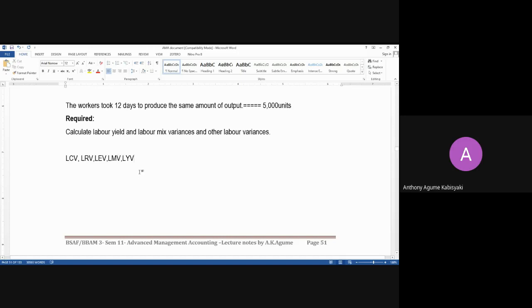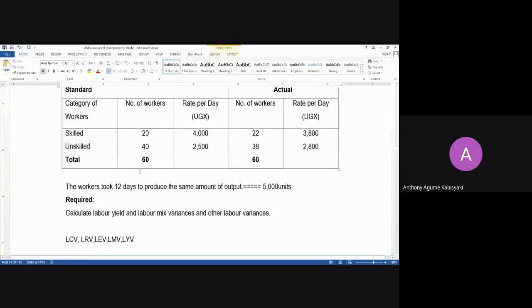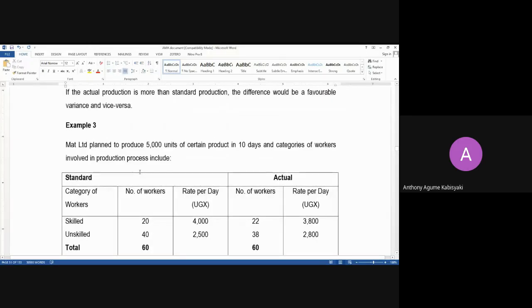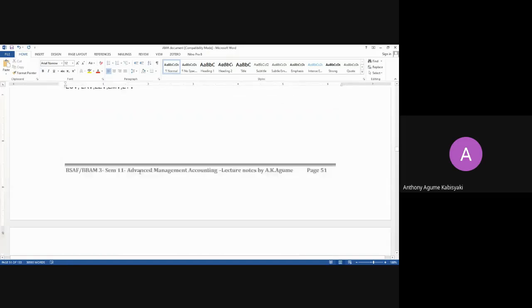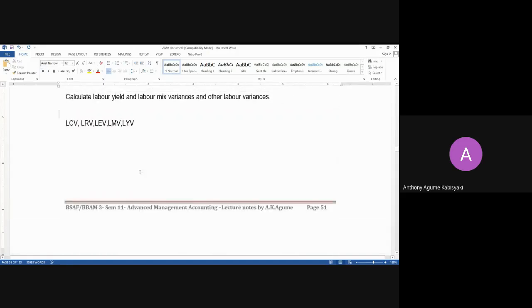Now, before I compute those variances, I need to first establish what is the standard time, and what about the actual time. So if I look at the standard days, the standard time, I have categories.